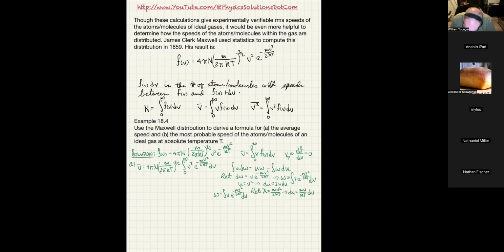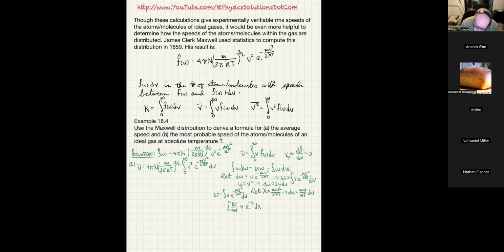So now I can replace the dv with kt over mv. So I'm going to say the integral of kt over mv times the v that was already there times e to the negative x. And now that I've used the kt over mv, the kt over mv times the existing dv is in fact the dx, so I can go ahead and put the dx here.